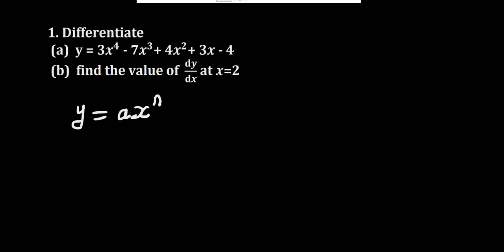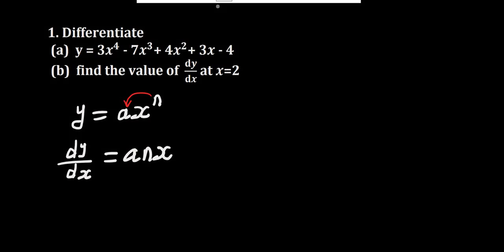So the first thing you are going to do in order to differentiate this is to write the y as dy/dx equal to, next is for you to multiply a by n, and a times n is an, and reduce n by 1. So automatically that is going to become n minus 1.